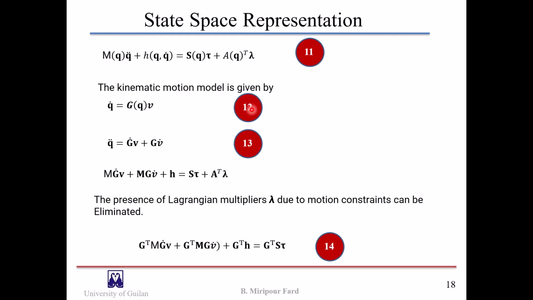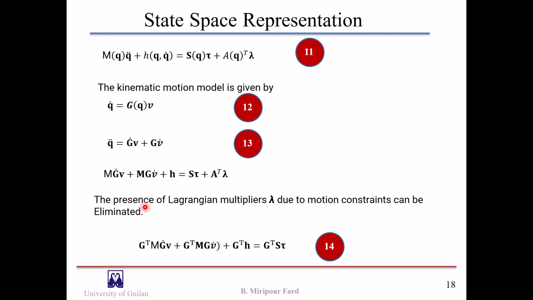A time derivative of equation 12 will be q double dot equals G dot v plus G v dot. And if we insert equations 12 and 13 into equation 11, we will have M G dot v plus M G v dot plus h equals S times tau plus A transpose lambda.